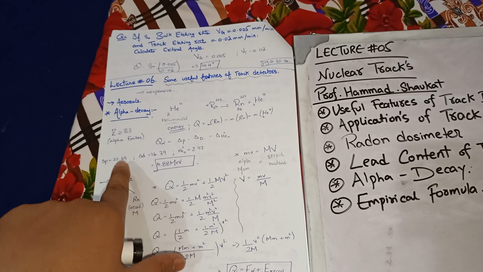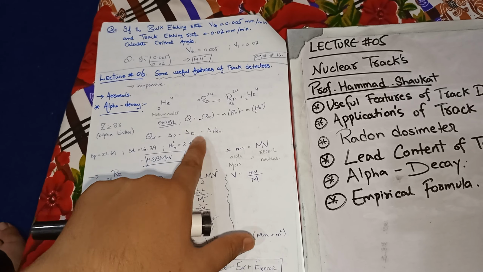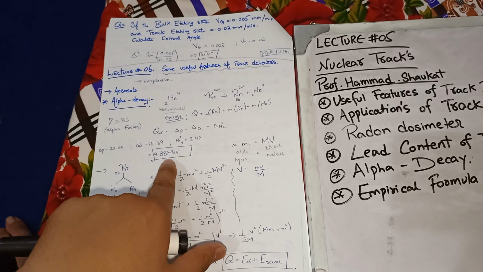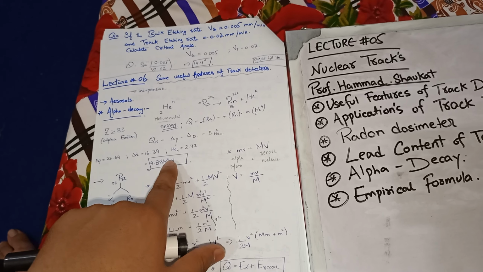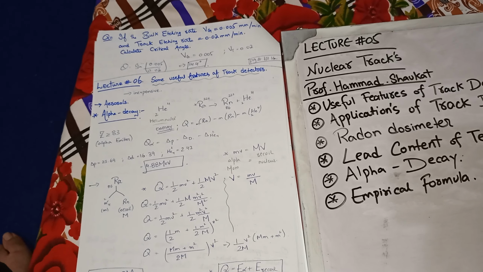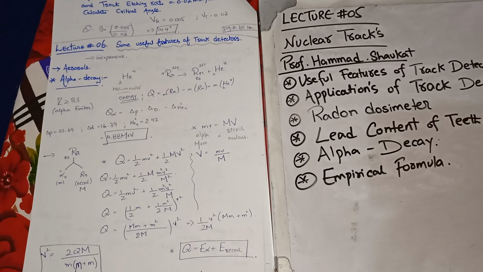Put in the values, 23.69 minus 16.39 minus 2.42, and you get 4.88 mega electron volts. This is how you find the Q alpha value, your alpha decay energy.